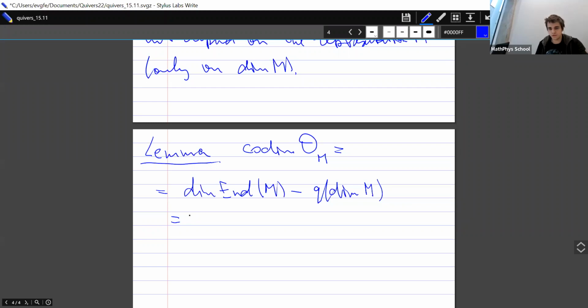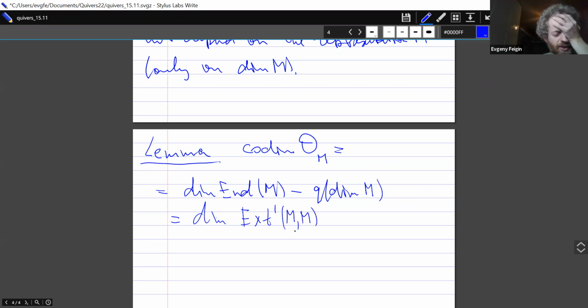The dimension of Ext^1. So our lemma claims that if you have no self-extensions, then the orbit is of codimension 0, so it's a very large one. But the more extensions you have, the smaller is the orbit.